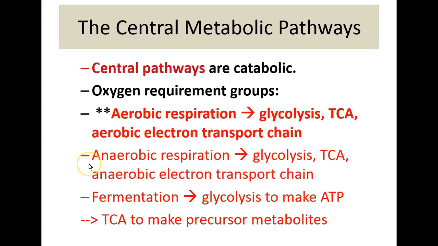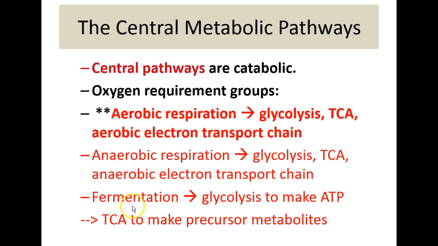The same will happen with those organisms who undergo anaerobic respiration via glycolysis, the Krebs cycle, or TCA, and an anaerobic electron transport chain. These organisms will utilize these pathways to procure primary metabolites, hydrogen ions, and some ATP.